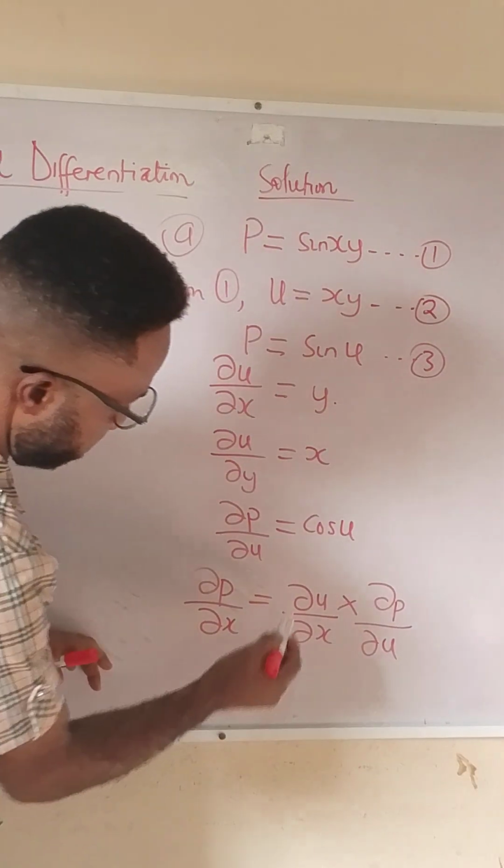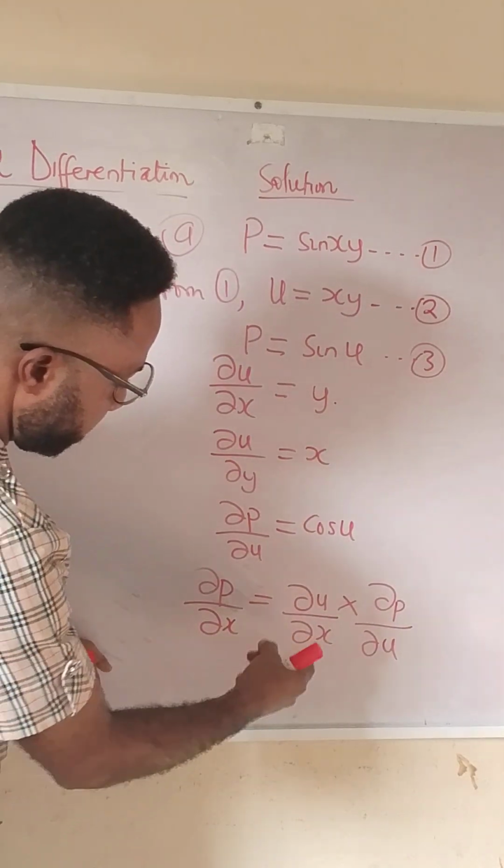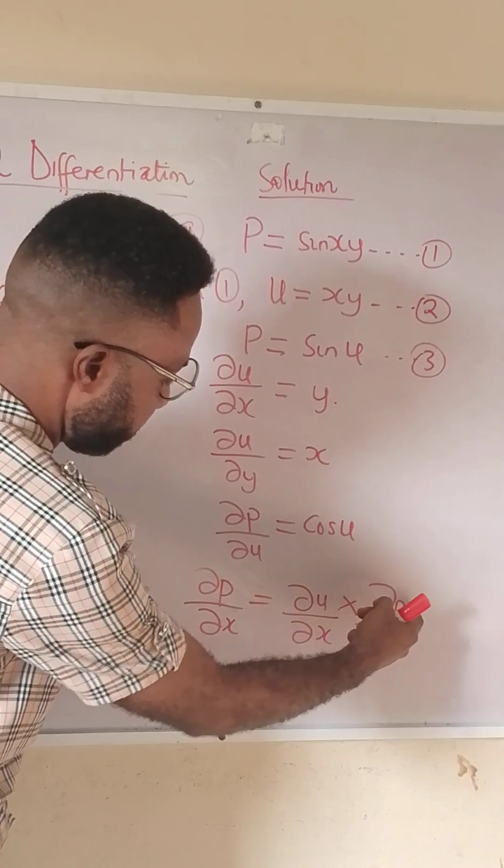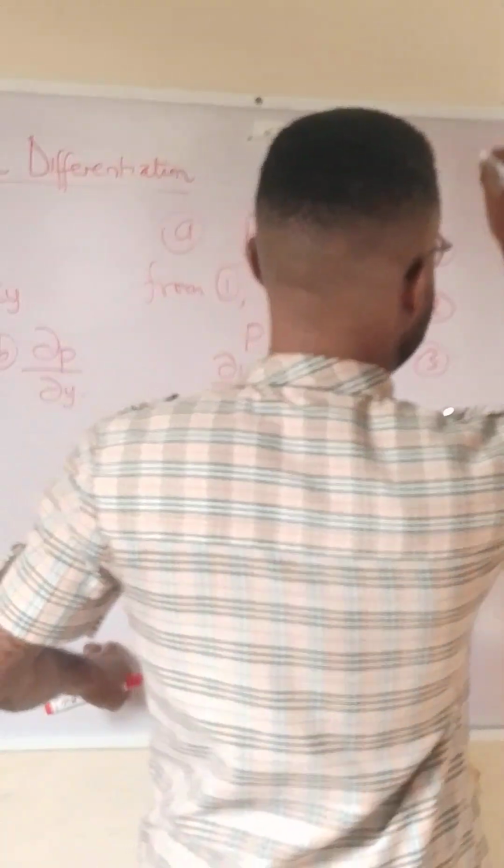Of course, when you cancel these out, you're still going to be left with the partial derivative of p with respect to x.